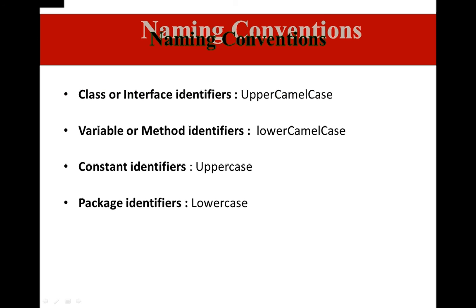Lower camel case means the first letter of the identifier must be lowercase and every word after that starts with an uppercase. When you define constants, we use completely uppercase characters, and for packages we use completely lowercase.